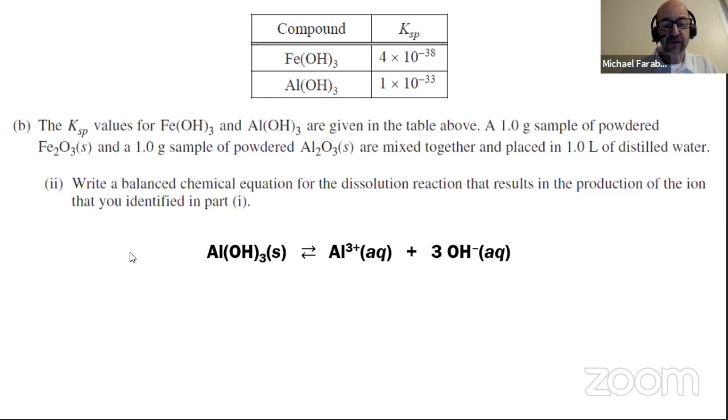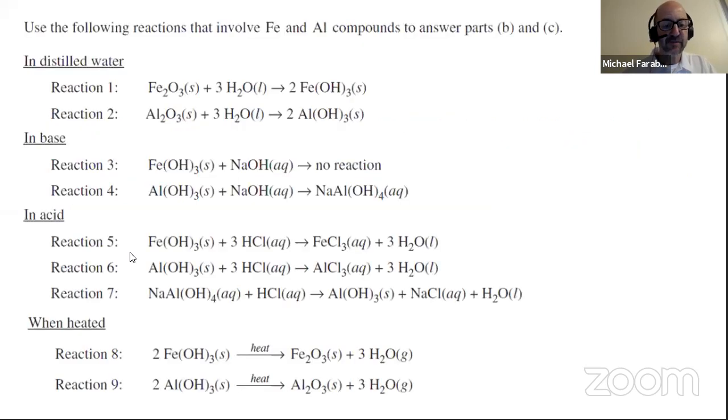In fact, there was another acceptable answer to this question. If we go back and take a look at all of those reactions, those 9 reactions, it is possible that you could still get the production of aluminum hydroxide as aluminum oxide reacts with water to form aluminum hydroxide.